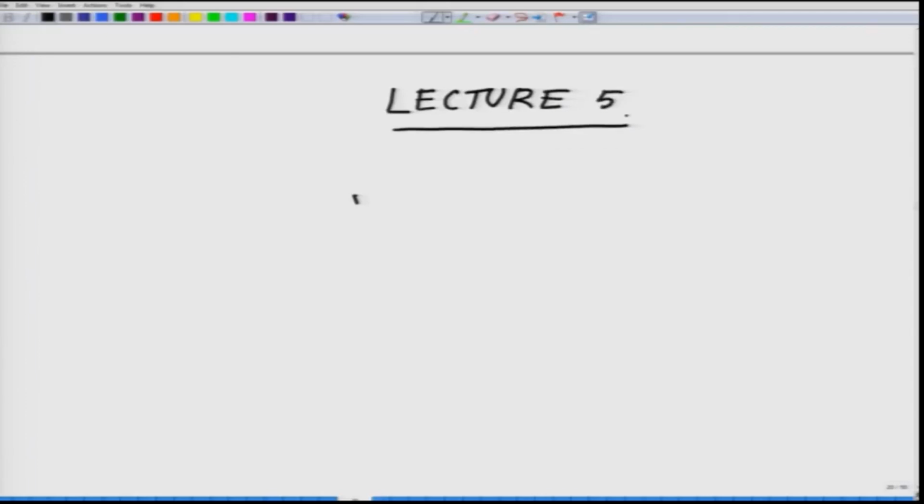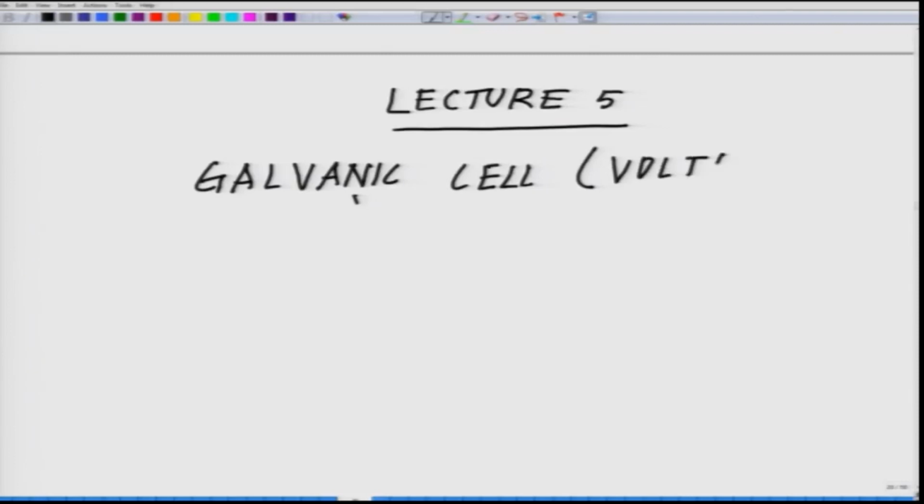Let us again revisit the definition of the galvanic cell or the voltaic cell. Galvanic cell is also called voltaic cell, and a special case is sometimes called Daniell cell.